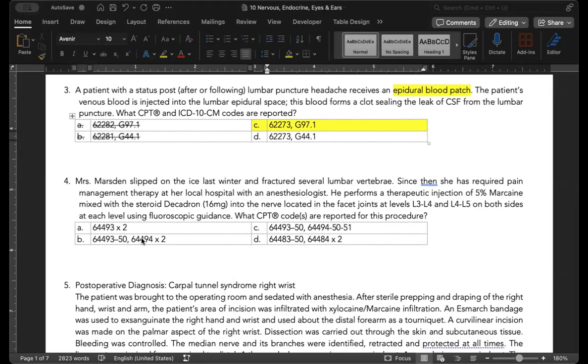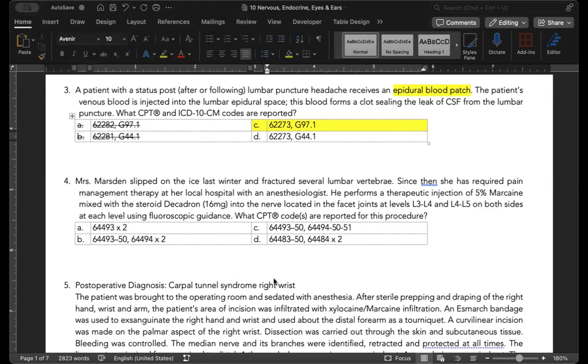Let's go look at it and see which one we should use. 64493 is injection, diagnostic or therapeutic agent, paravertebral facet joint with imaging guidance, and it's lumbar or sacral, single level. And then 64494 is the second level.